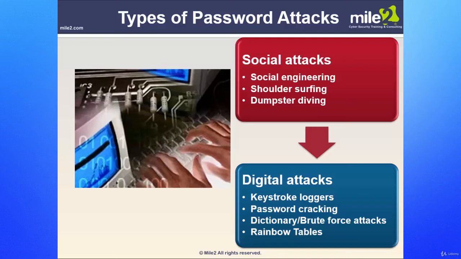Looking at dictionary and brute force attacks, and what we call rainbow tables, which are our pre-computed hash values that are stored in the database that just gets checked and verified. And with that, we have the ability to very quickly find out weak passwords.